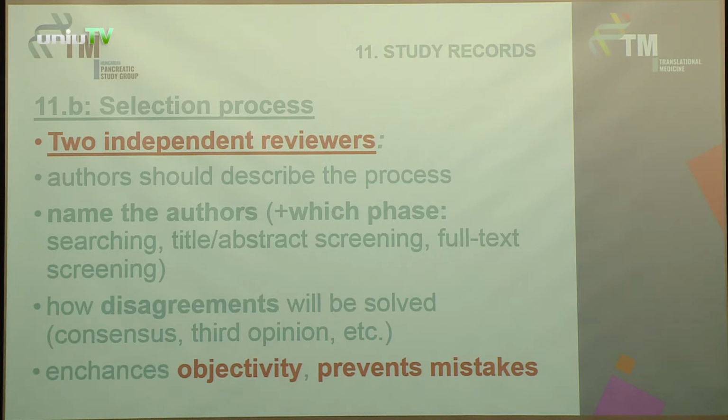For example, someone did the searching, someone did the title and abstract screening, someone did the full text screening. And if these authors have disagreements, then it has to be resolved, for example, by a consensus or by a third opinion. Why is it important? Because it can enhance the objectivity and prevent later mistakes.